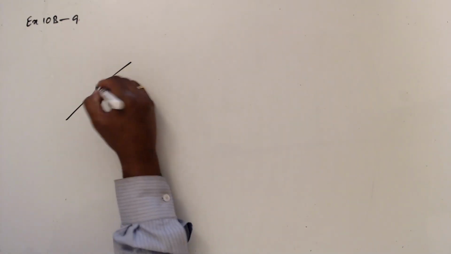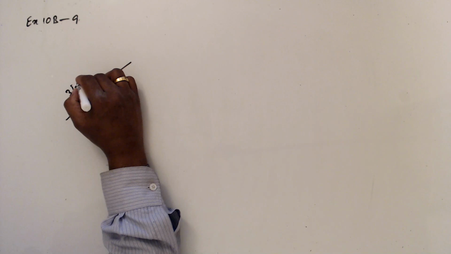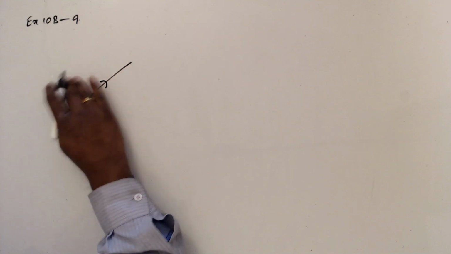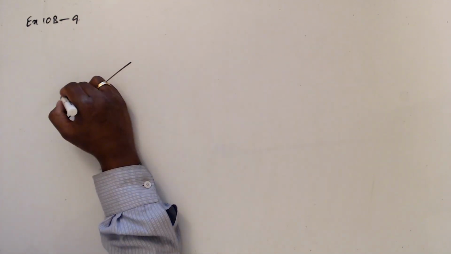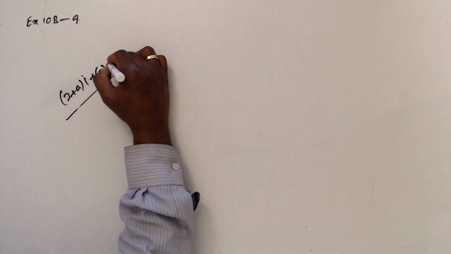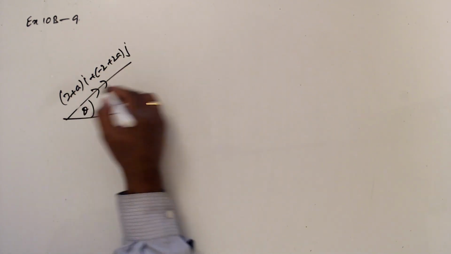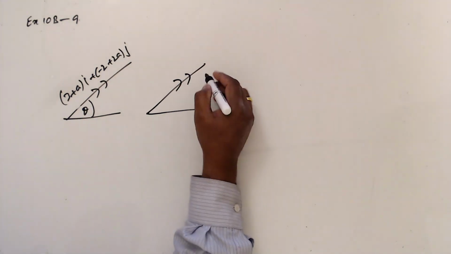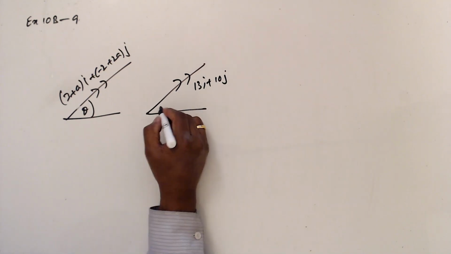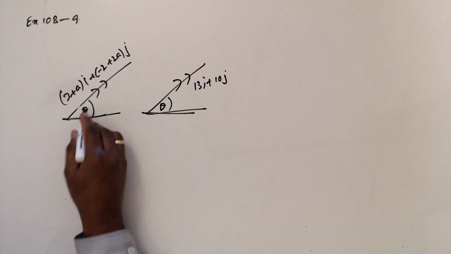The second method: we have 3i minus 2j, and R is (3 plus a)i plus (minus 2 plus 2a)j. Let's say this is theta, so this is R. This is parallel to 13i plus 10j, so this is also theta because they are parallel, from the x-axis.